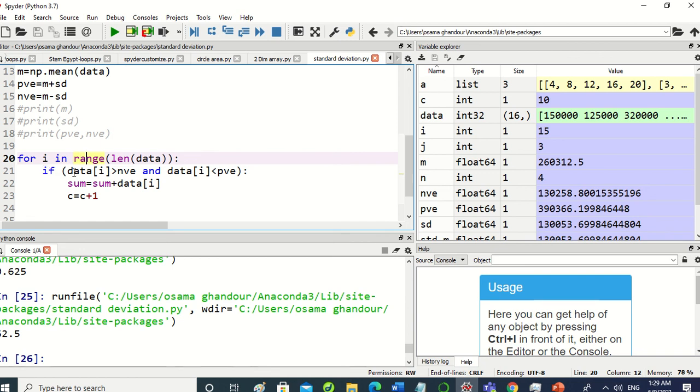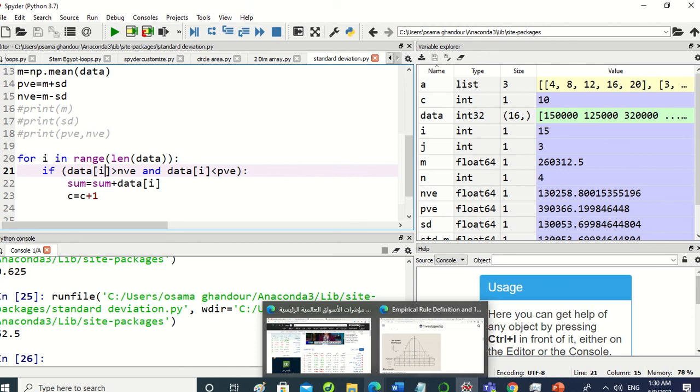If data of i, here i equals 0, if the first element is greater than the negative value of the range of the one standard deviation, and at the same time it's less than the greater range, the positive peak.